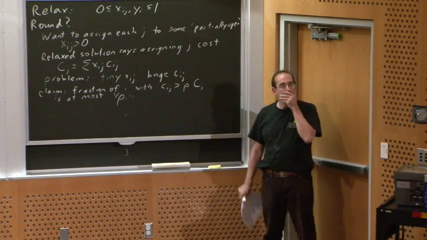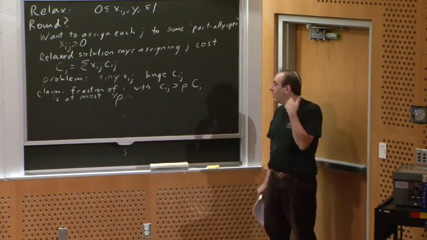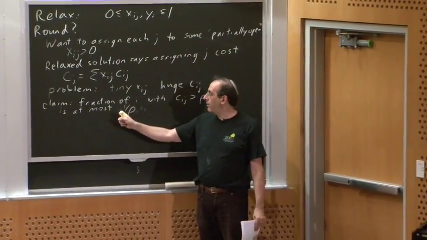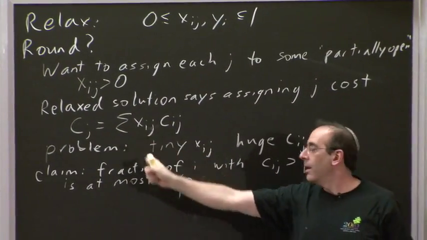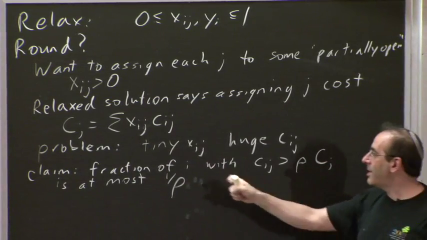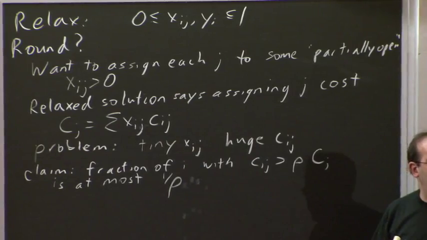Yeah? Otherwise, the sum of the costs would be more than cj. Exactly. If I have more than a 1 over rho fraction, in other words, more than a 1 over rho amount of the xij's, costing each more than rho cj, then just that part of the sum of xij cij is going to exceed cj.